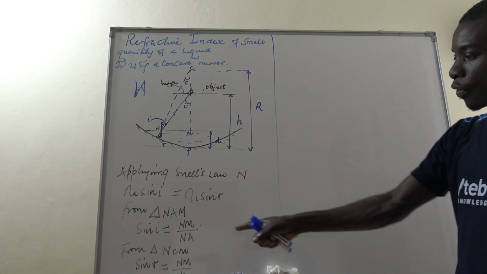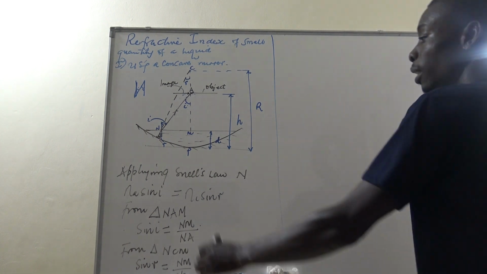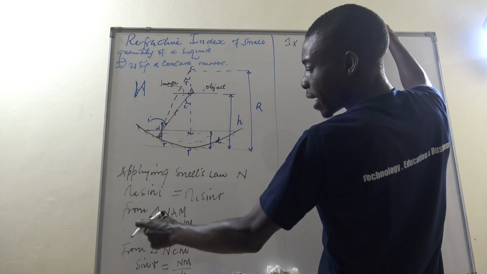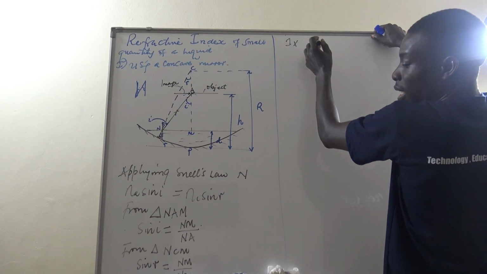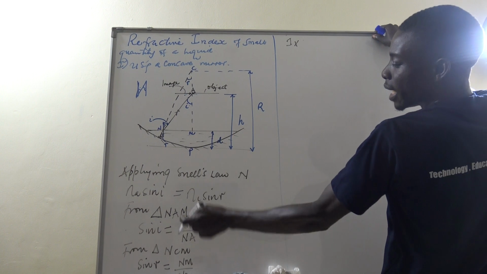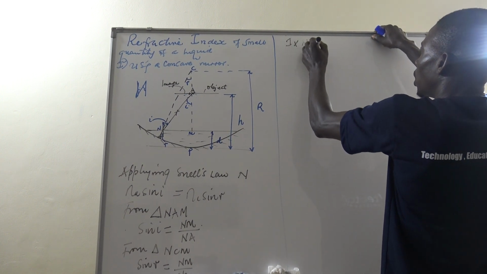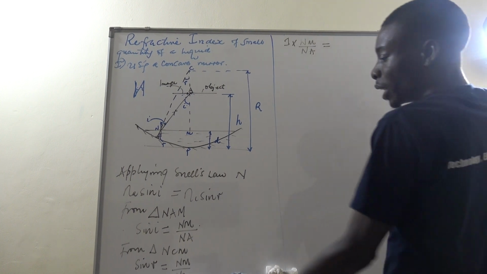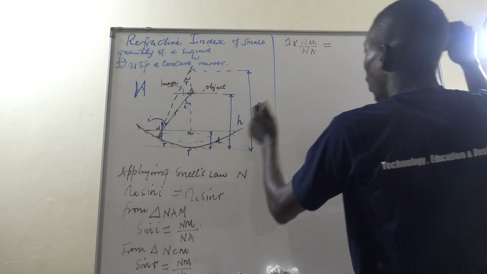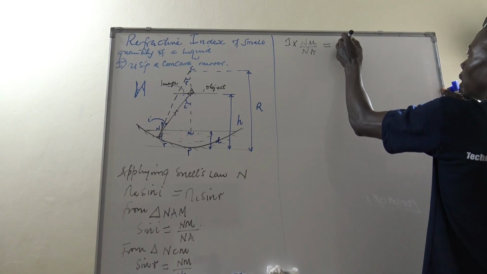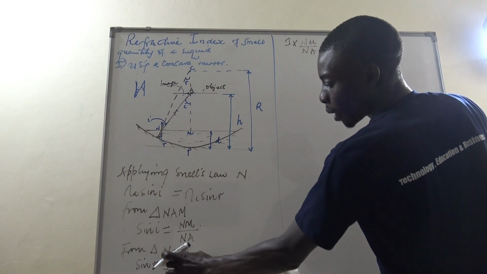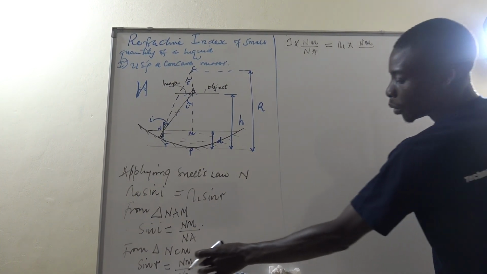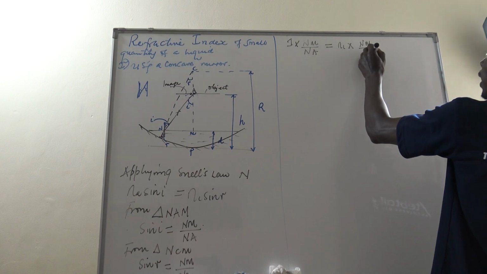Okay? And then if I try substituting this back there, we're going to say refractive index of air is 1 times sine I. Sine I is the same as MO out of NA. And then should be equaling to the refractive index of the liquid times sine R. But what is my sine R? It is MO out of NC.